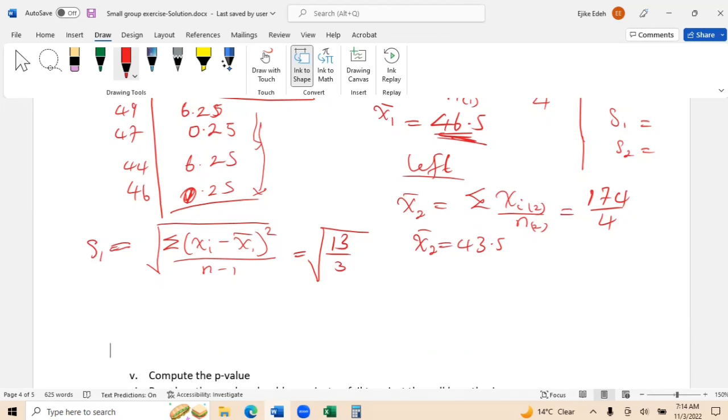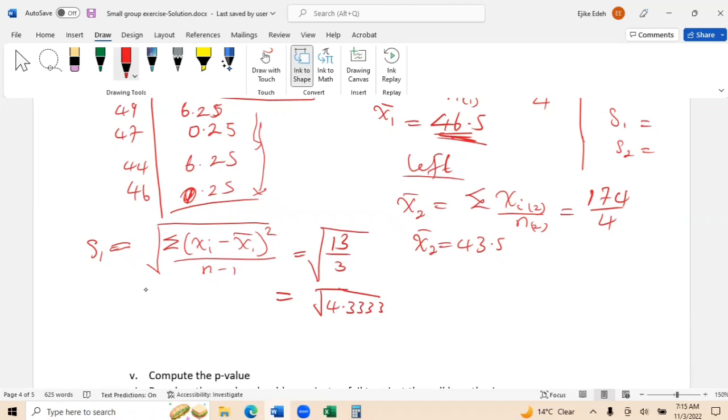Okay, so if this is what we have, then simplify this. You have 13 divided by 3. That gives us 4.33333. So let me write it over here. This is the square root of 4.3333 to 4 decimal places.